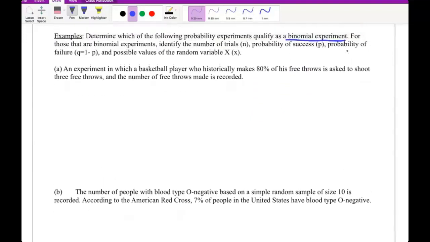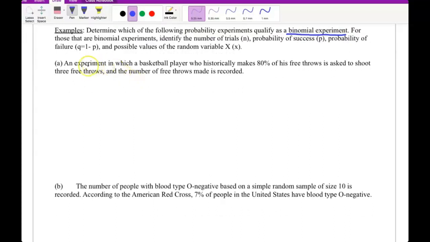Part A. An experiment in which a basketball player who historically makes 80% of his free throws is asked to shoot 3 free throws, and the number of free throws made is recorded. So this is our probability, and I consider that as success.